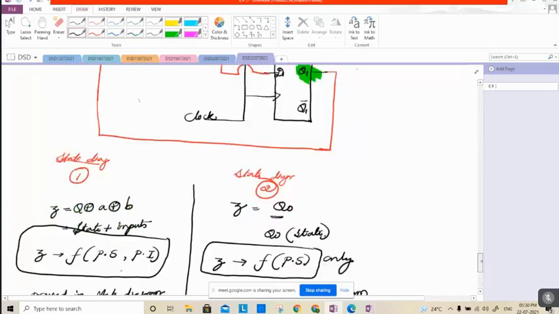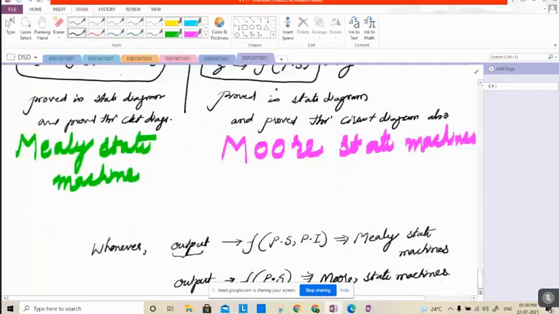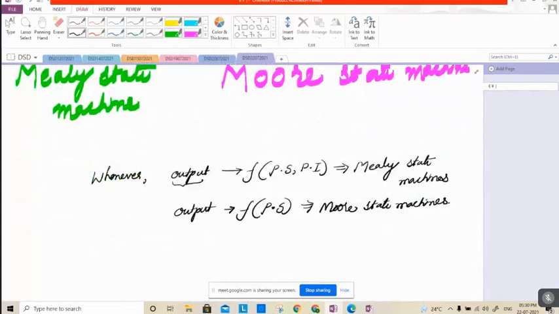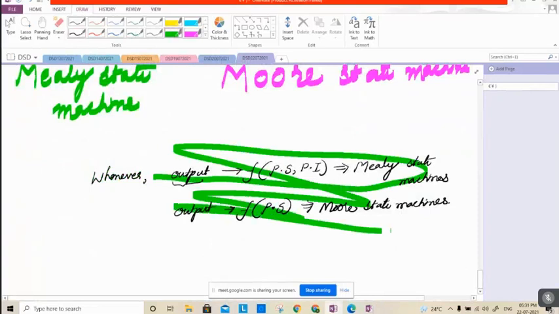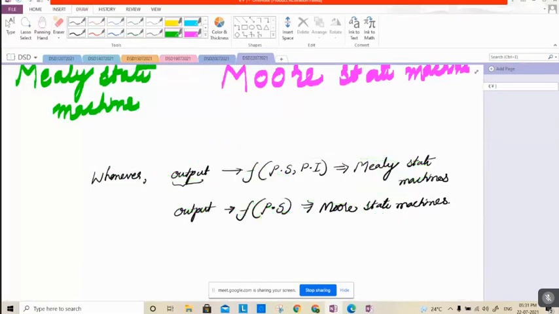Is it clear? Only to make you understand this particular definition, I have taken the last class and today's class. This is important. This is important.